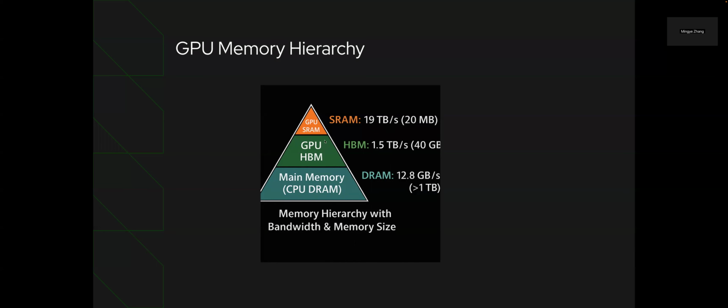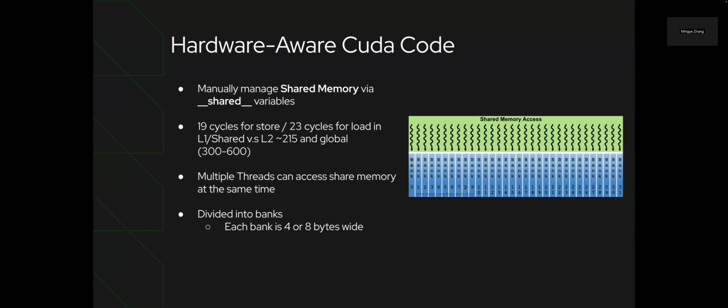It drops significantly at the HBM, the high bandwidth memory, which is the GPU global memory, to 1.5 terabytes per second, and then drops even more at the main memory, the CPU DRAM, which has a bandwidth of 12.8 gigabytes per second. So this really means that we need to write hardware-aware CUDA code in order to make the CUDA code performant. One way of doing this is to manually manage the shared memory via shared variables.